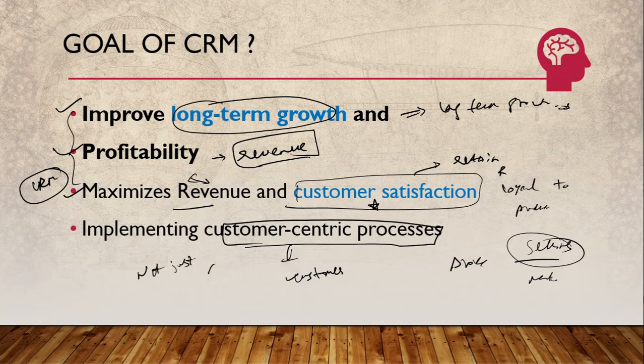Of course profit is the key, but from the CRM perspective customer centric processes have higher priority than profits. So these are the goals of CRM: long term growth, profitability and revenue, and customer satisfaction by implementing customer centric processes.